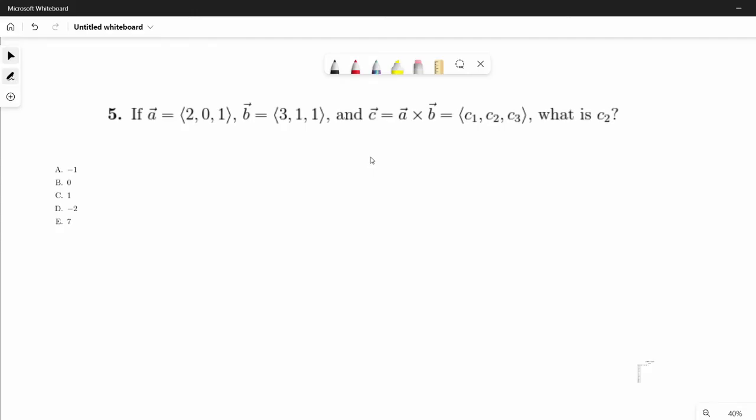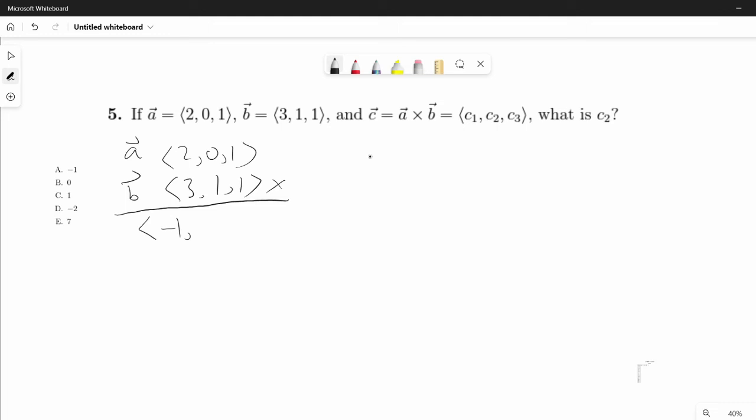For number 5, again, we're given two 3D vectors A and B, and we have to find C2, which is just the second component of the cross product. So let's just cross A and B. I'll write it here: A is 2, 0, 1 and B is 3, 1, 1. So we cross this. Ignoring the first column, 0 minus 1 will be -1.